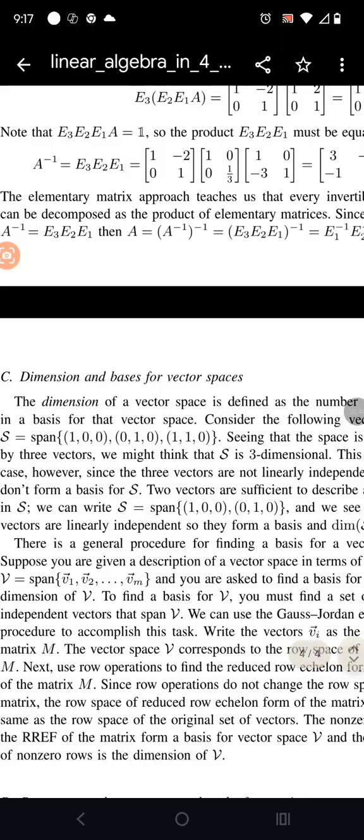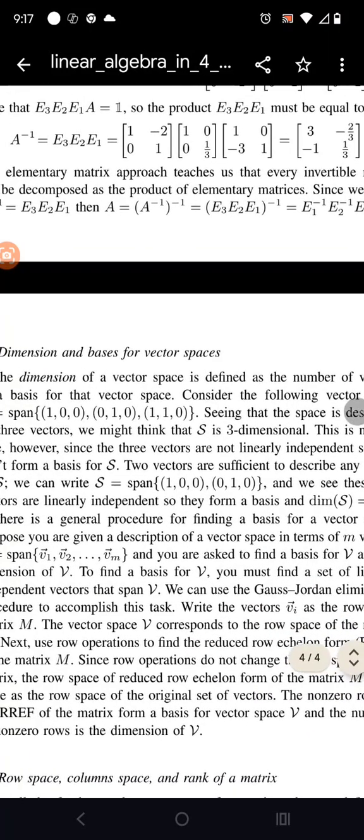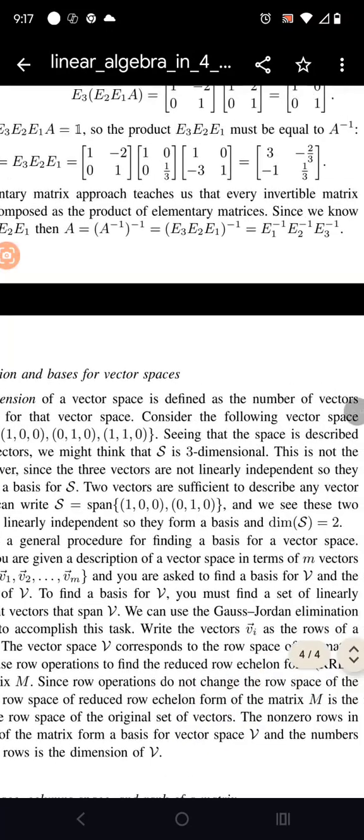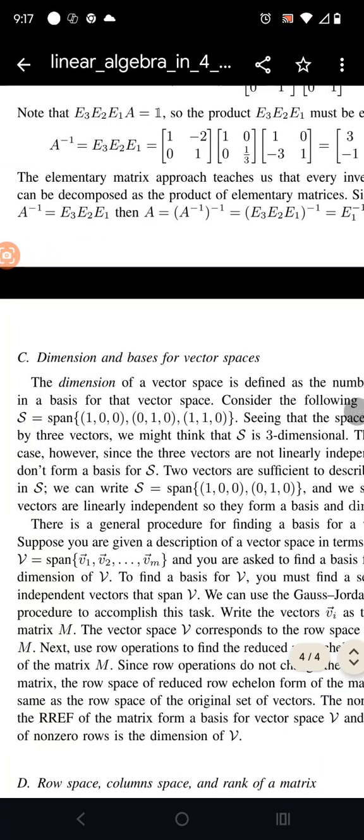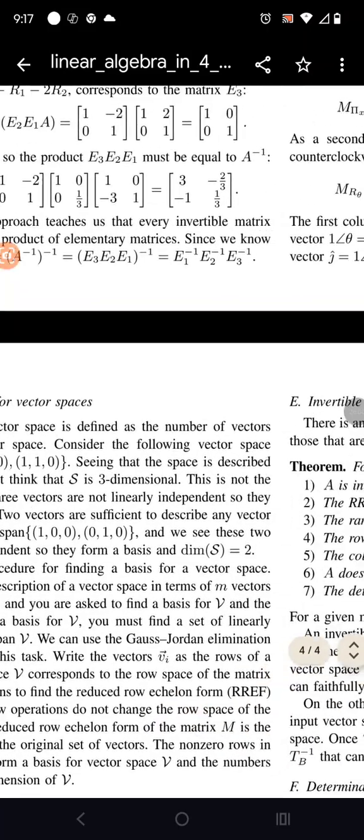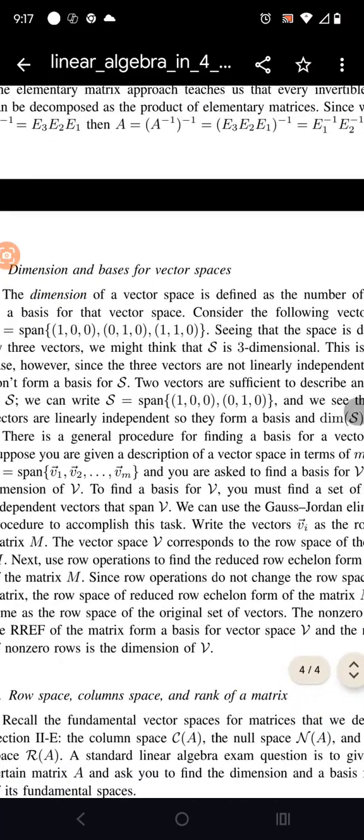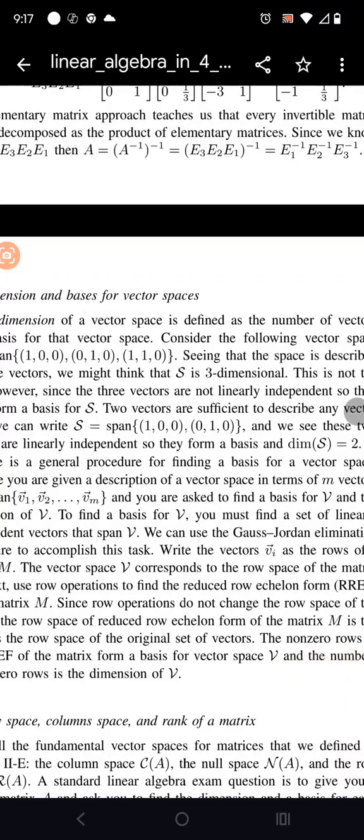Seeing that, we might think that the S is 3-dimensional. This is not the case, however, since the three vectors are not linearly independent, because (1 0 0) and (0 1 0) can form (1 1 0). So actually (1 0 0) and (0 1 0) are the two sufficient ones. So the dimension is 2.